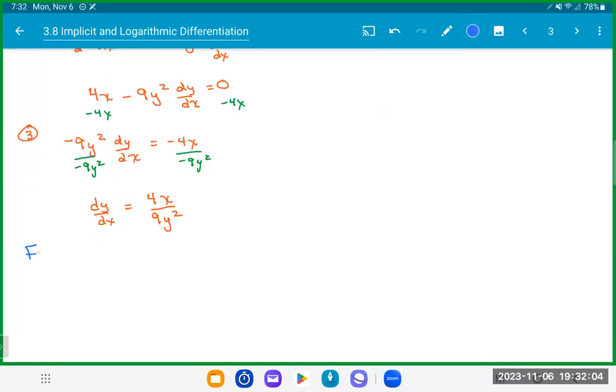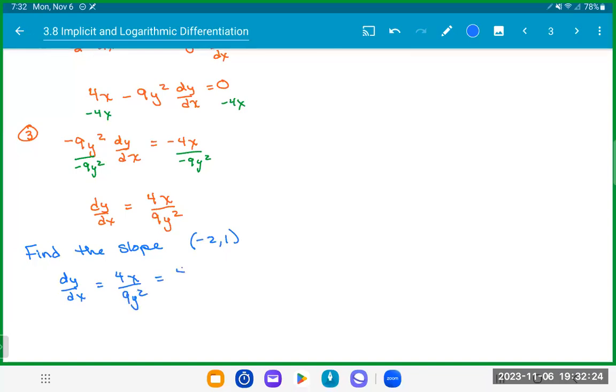So we're going to find the slope of the tangent line to the curve. We have the point (-2, 1). So we have dy dx is equal to 4x over 9y squared.